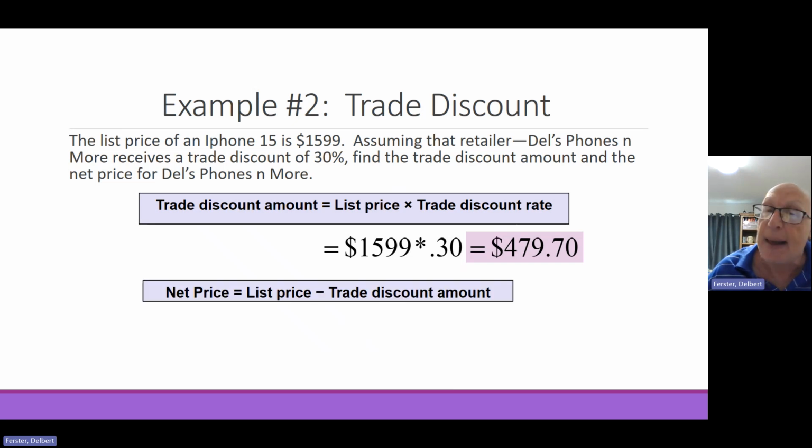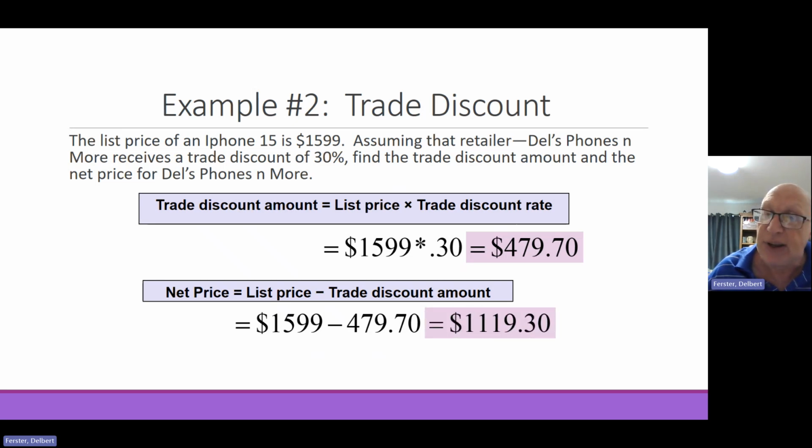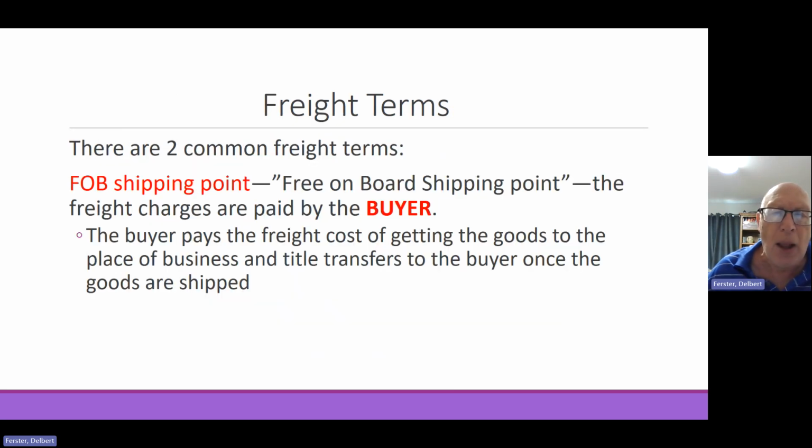To calculate the net price for Dell, you take the $1,599 and you knock off the $479.70, and you're going to find that Dell's net price on that iPhone is $1,119.30. So that's a straightforward example with one trade discount. Not a whole lot going on, not a whole lot difficult.